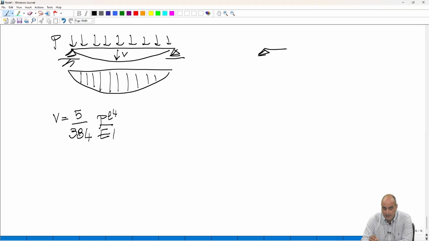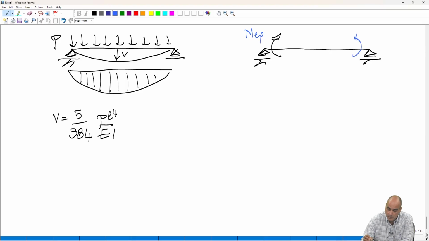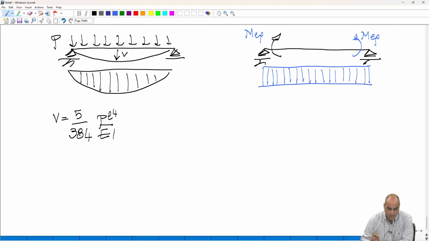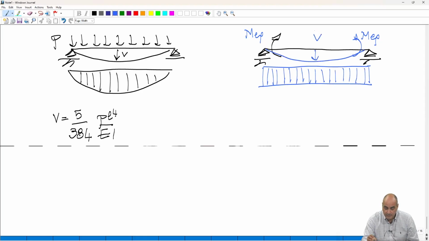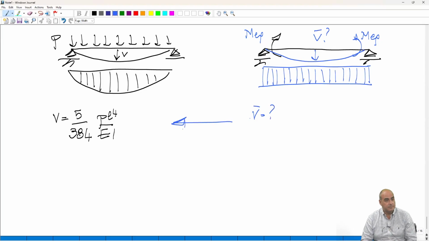What I am looking for is a structure which is loaded in this way with M equivalent, which has a deflection V here, which is equal to this.